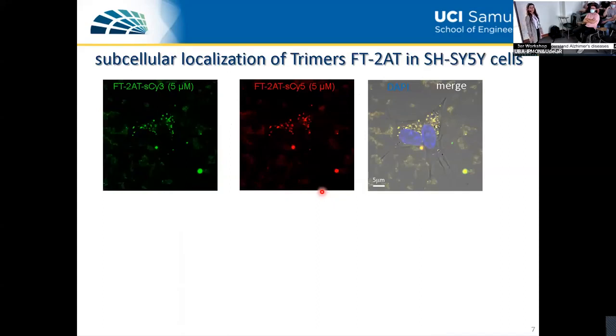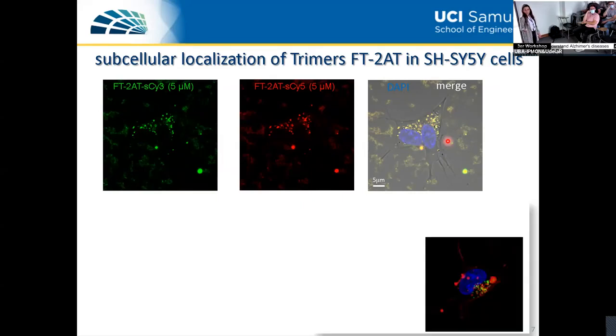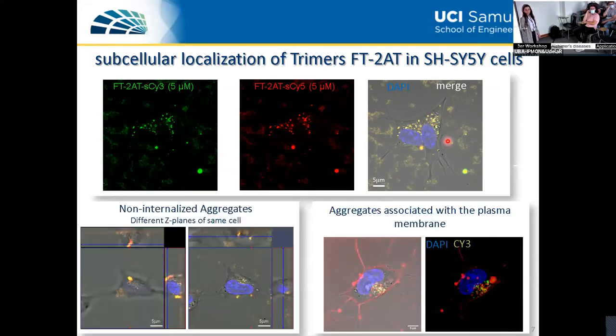First, we wanted to study the subcellular localization of these trimers in these cell lines, the SH-SY5Y cells, which are a neuroblastoma cell line. Here we have an image with the trimers fused to Psi3, and here with Psi5, and we can see that they co-localize inside the cell. We also incubated the cells for 6 hours with these aggregates.